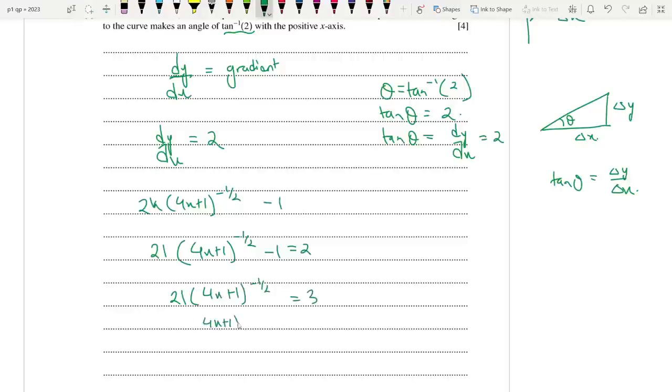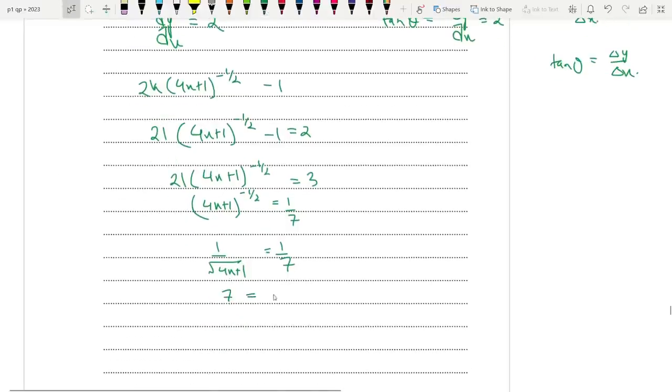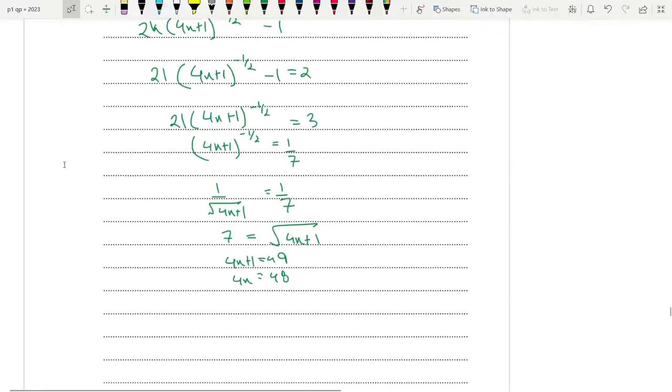So (4x plus 1) to the power minus half equals 1 by 7. And finally, after cross multiplication, this is basically 1 by root over 4x plus 1, right? So 7 equals root over 4x plus 1, or 4x plus 1 equals 49, 4x equals 48. I squared both sides. 48 by 4 is 12, so x is equal to 12.